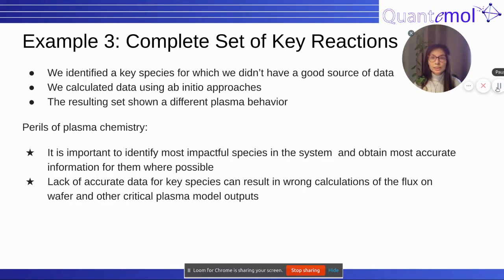I hope this example has convinced you that knowing what species are critical for your system and obtaining the most accurate information possible for them is fundamental for your simulation result validity. This is the end of the second part of the presentation, and in the third, the last part, I will give you a tutorial showing how to use the QuantemolDB database.